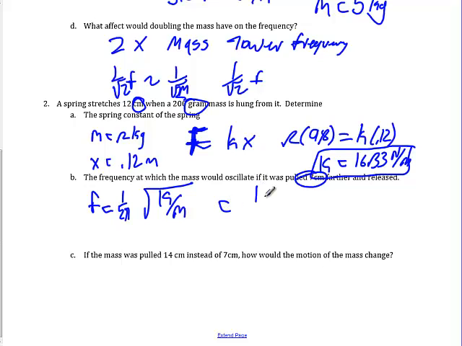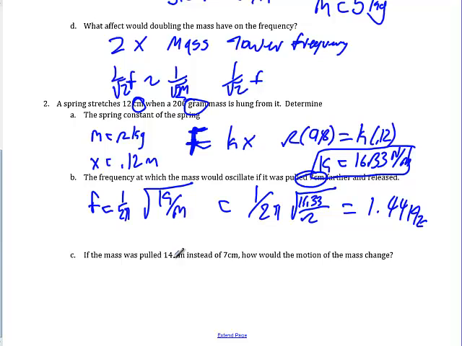So you just have 1 divided by 2 pi times the square root of 16.333 divided by the mass, which is 0.2. So if I divide this by 0.2, raise it to the 0.5 power, which is the same as square rooting, and then divide that by 2 pi, make sure when you divide by 2 pi you put it in parentheses, I get a frequency of 1.44 hertz.